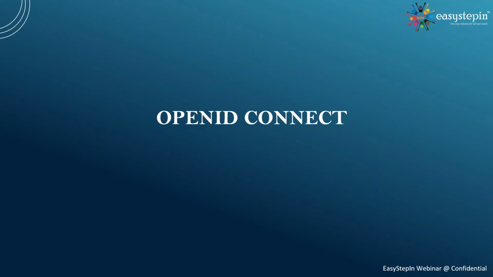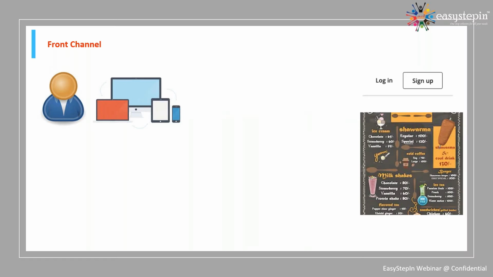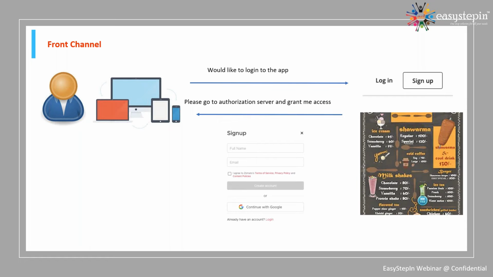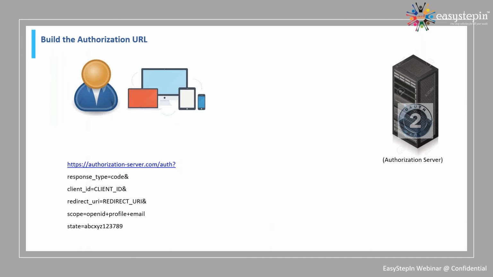So let's now see one example with OpenID Connect. Here again, in the front channel, you say you want to log into this application. Here we are accessing the Zomato application. When you click on login, it again asks you to sign up with one of the authorization servers.